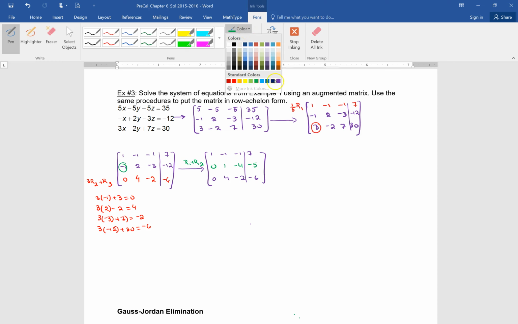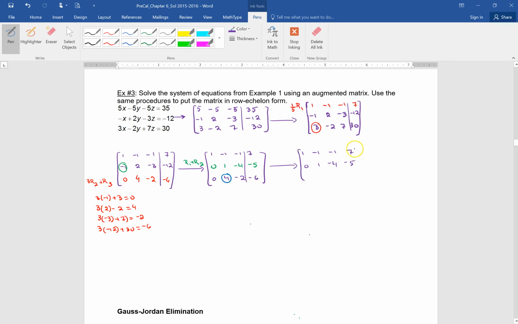the next one I want to change is the 4 here. Okay? That means the first 2 rows will remain unchanged, so I just copy it over here. 1 minus 1 minus 1, 7, 0, 1, negative 4, negative 5.